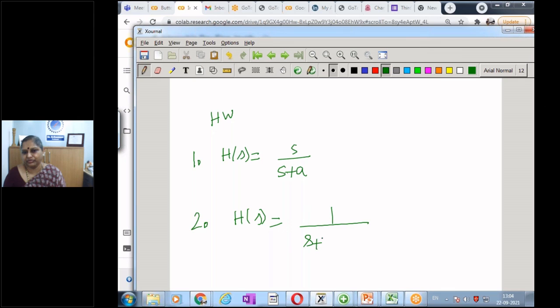We saw only one pole; say s plus 2 into s plus 1. If I have a transfer function like this, I want you to try for getting the magnitude response, the impulse response, the phase response, the frequency, everything. Just try it. And if you're not able to do it, we'll do it in the next class.